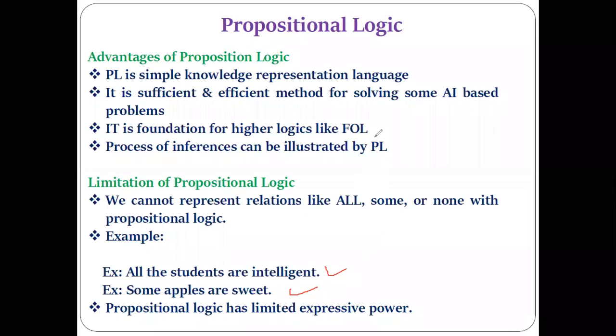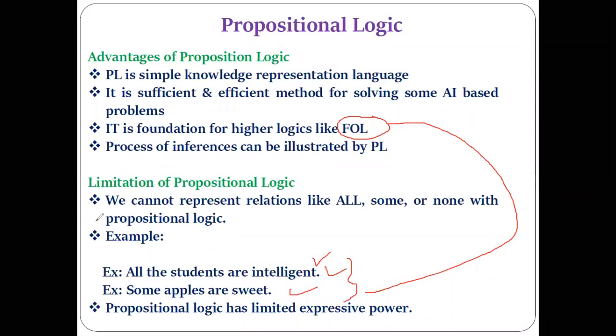Understood? For that reason we have our second type of logic, first order logic, which can represent these kinds of sentences very easily. That we will see in the next lecture. This is the major limitation of propositional logic, in other words, it has limited expressive power.